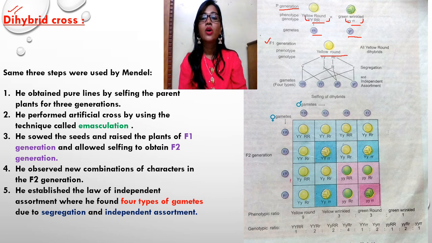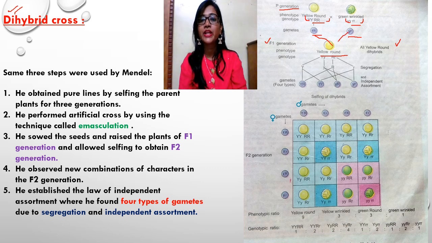So all the seeds were yellow and round in the dihybrid cross, and all of them carried capital Y, capital R, small y, small r type of gametes. So these are homozygous traits and this is a heterozygous trait. The gametes are mixed here, if you are observing.